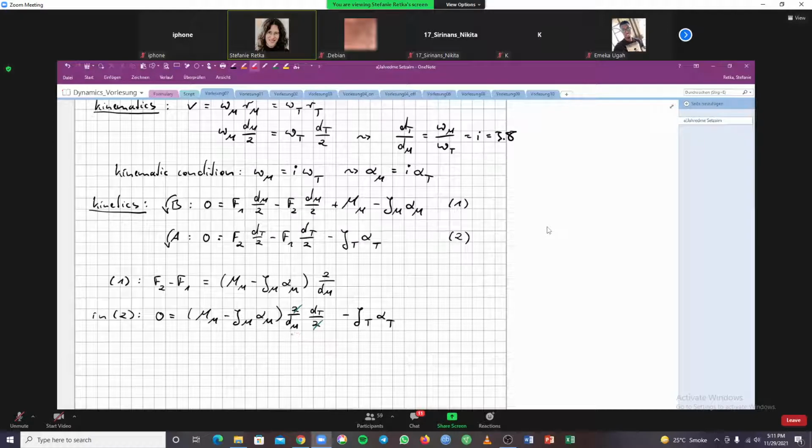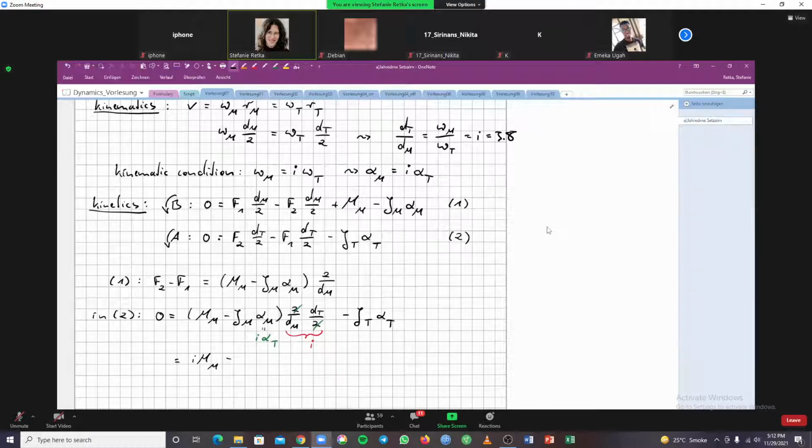Then dt over dm is I. And this gives I times minus alpha m, oops, is I times alpha t.